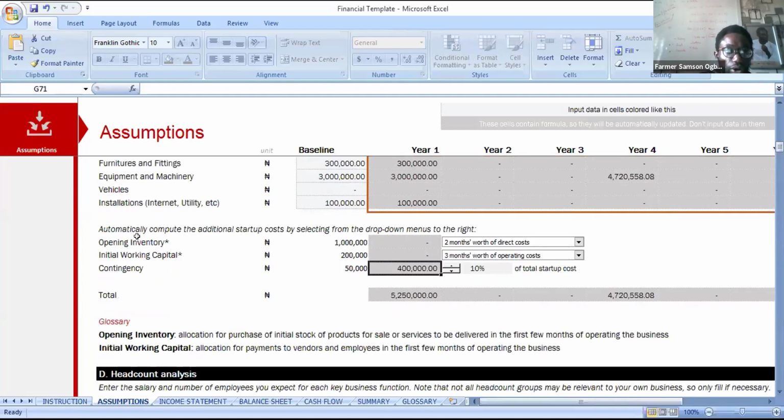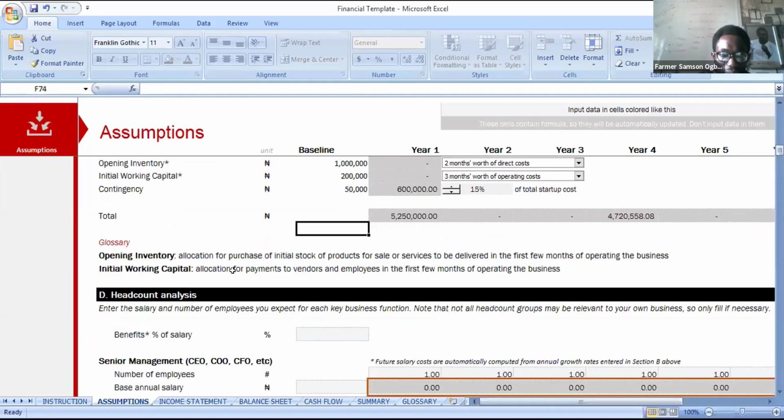About 10% of everything is already calculated automatically for you. In your own case, if you say, no, me, I want to put 5%, fine. It's left to you. I want to put 15%, left to you.